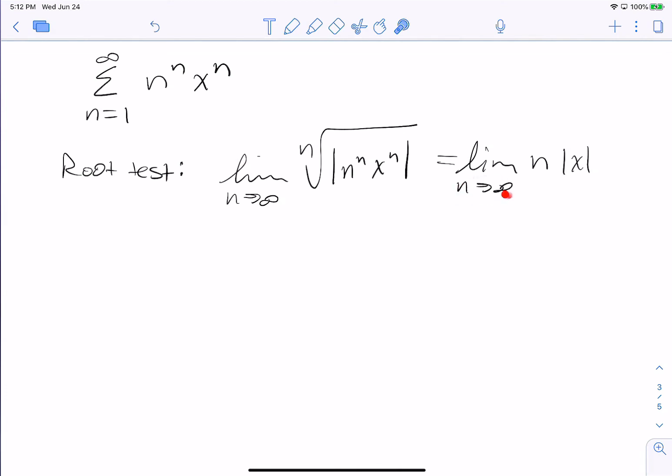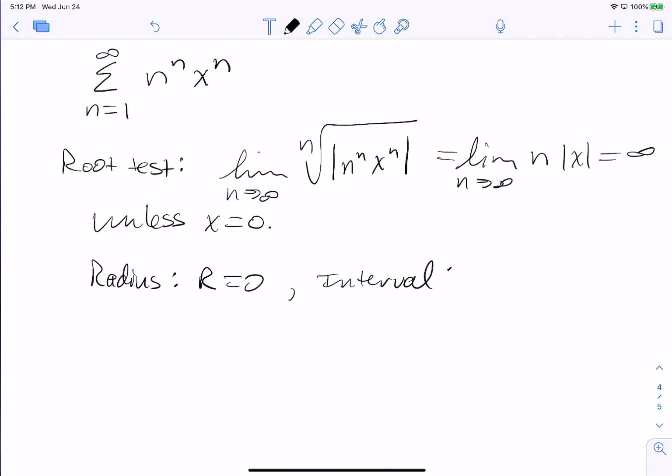As n approaches infinity, n times the absolute value of x approaches infinity as well. That's the limit. It'll be infinity unless the base x is 0. So this is the case where we have a radius of 0 and our interval is the set that contains 0.